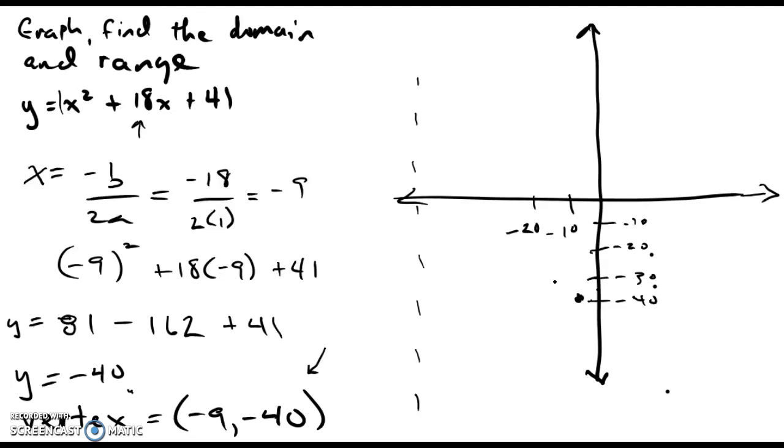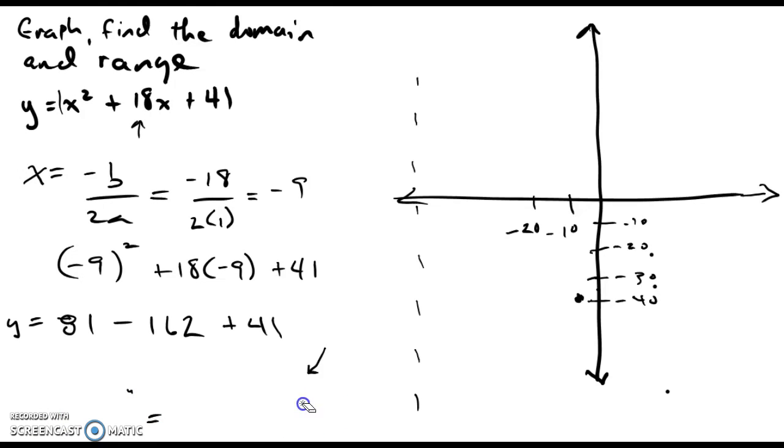So, let's go ahead and continue drawing our parabola, and we are going to find the x-intercepts. In order to find the x-intercepts, you can do it one of three ways. The first way, the most preferred and easiest, is factoring. But we look at this equation, we see 41 is prime, so this really isn't factorable.